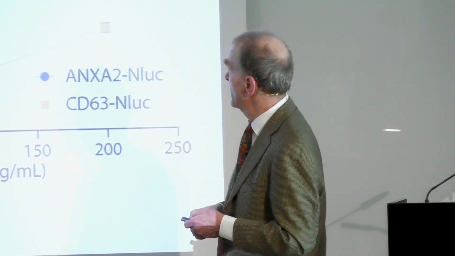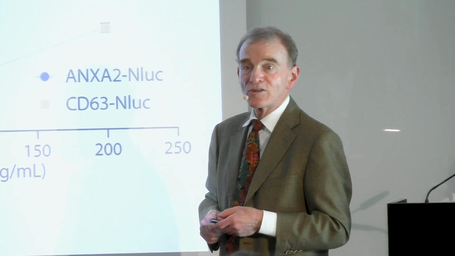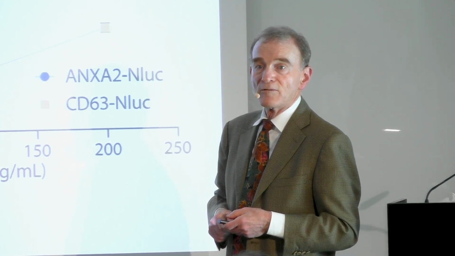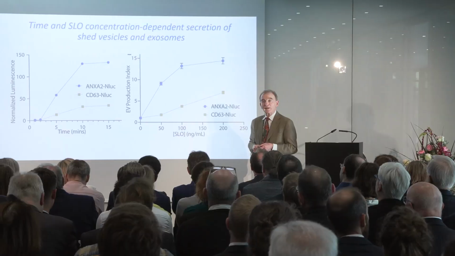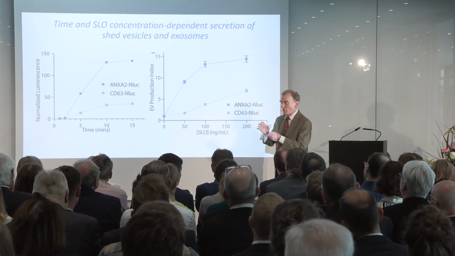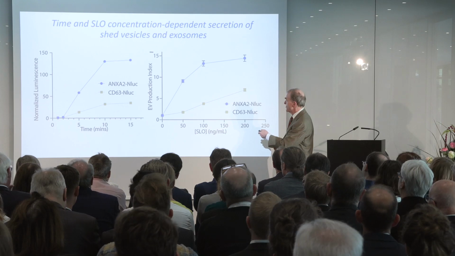Now, it was possible then to compare directly the efficiency of production of annexin-containing vesicles and CD63-containing vesicles using the trick that I introduced in one of my first slides, which is shown here.